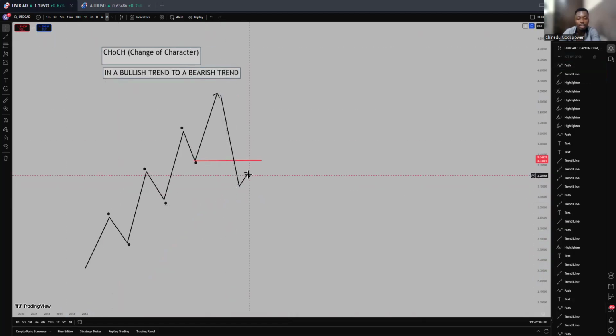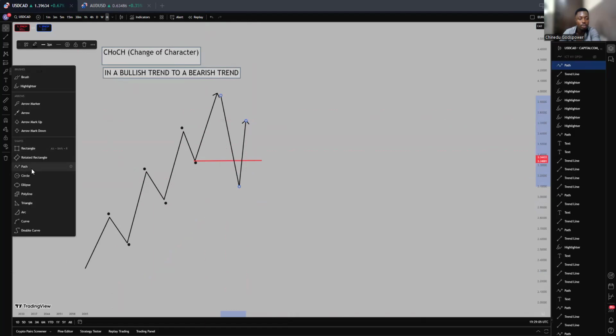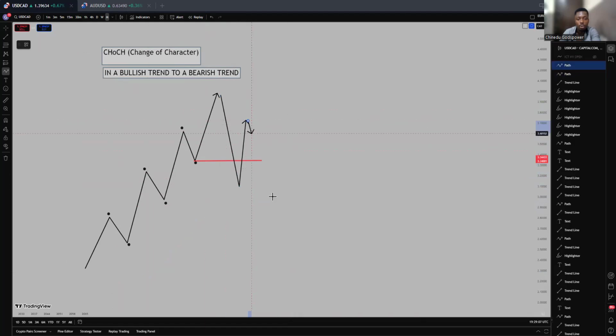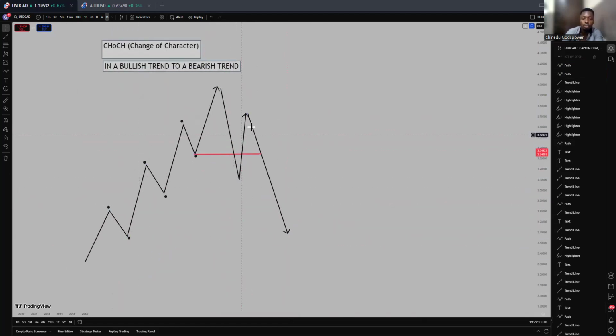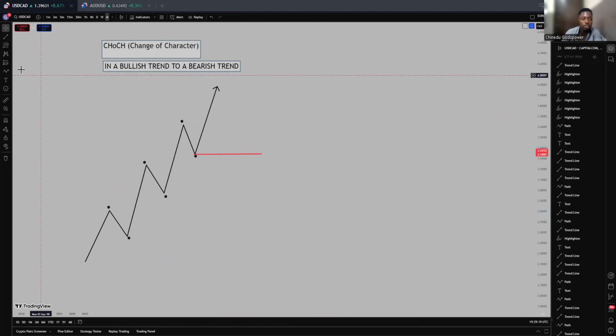So what you should be expecting is price should come back to at least a premium level, and then continue to sell back down. So this is what we're expecting from bullish to bearish. I'm going to take this out so we have a clean chart.